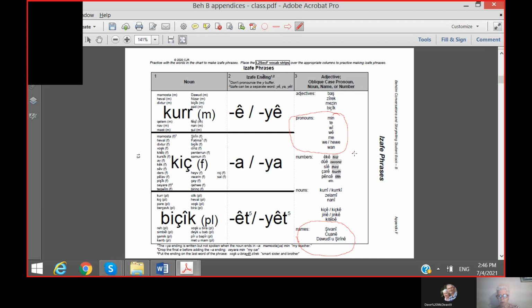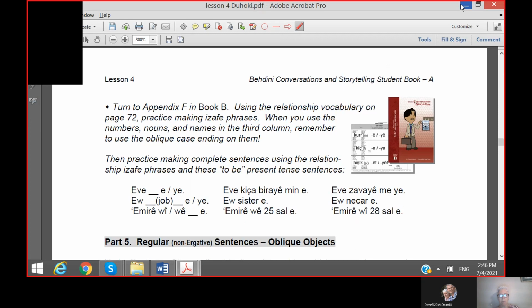And you could use these numbers too if you want to. Okay, so you're going to use the Appendix F izafe phrases chart using oblique case pronouns, nouns, names, or numbers. Go ahead and practice those. And remember to use oblique case endings. That's very important.